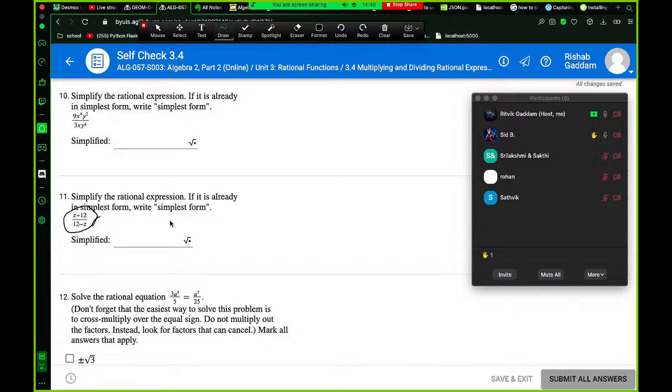Okay. So for this one, I think it's already in simplified form. I don't think so. Oh yeah, so it'd be 1 minus 1 over 1 minus 1.